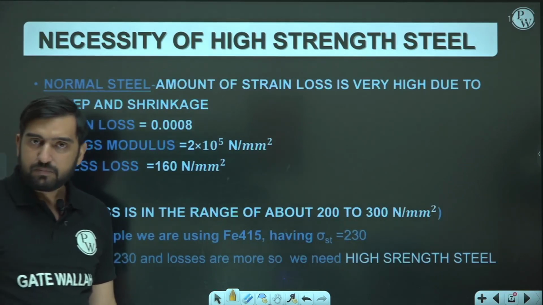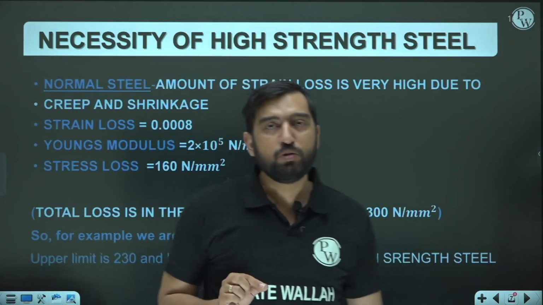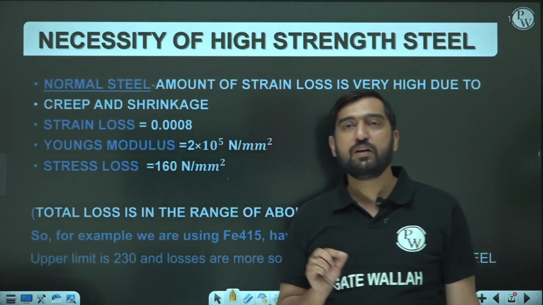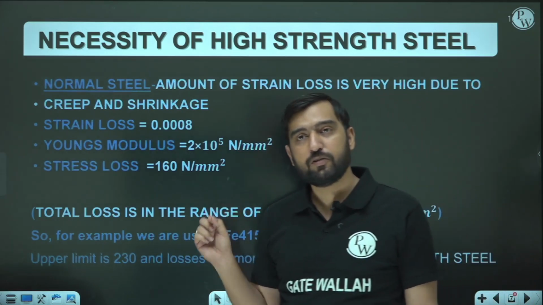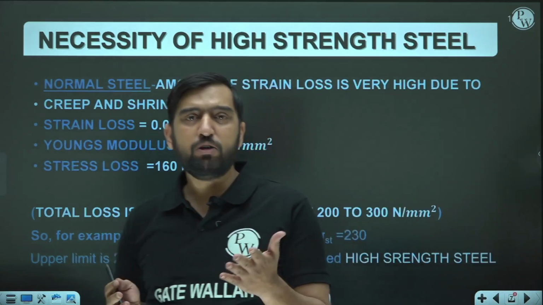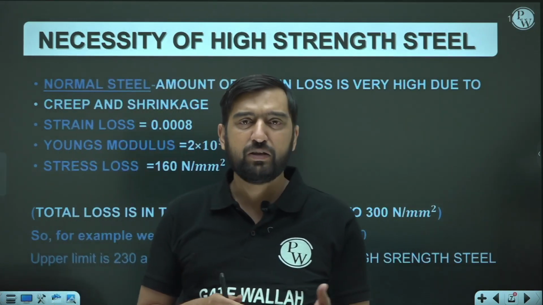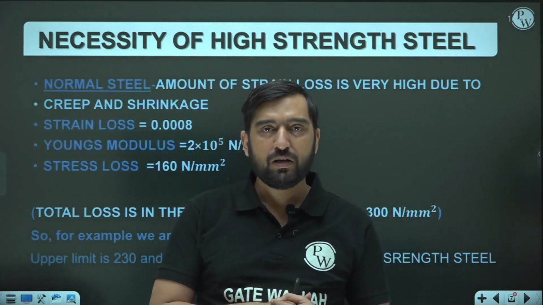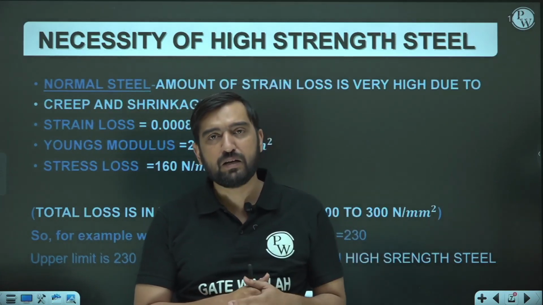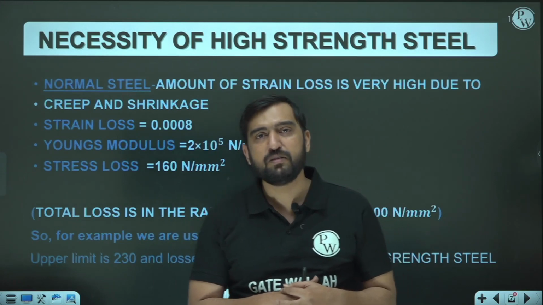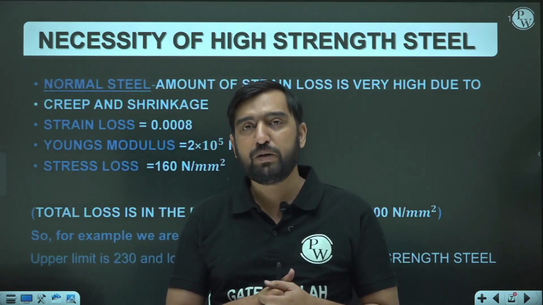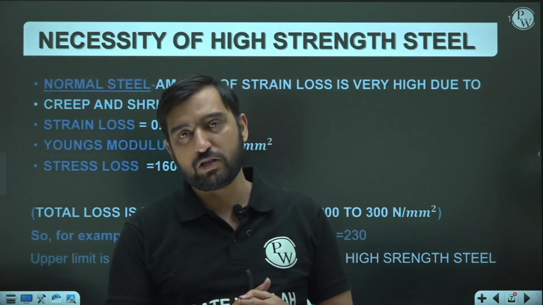Okay, to do this we need high grade of concrete and high grade of steel. Normally, in your conventional RCC structure, you can proceed with M20 grade of concrete for normal construction and M15 or M10 grade of concrete for PCC, or plain cement concrete for normal mass construction.